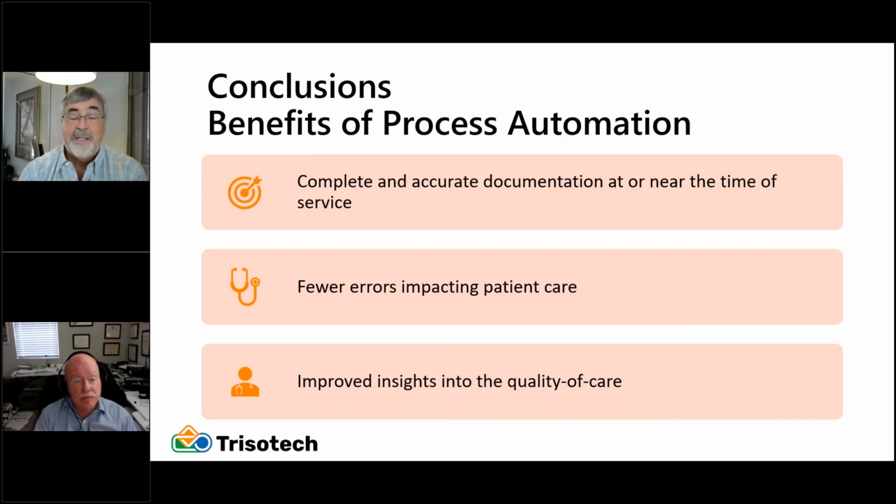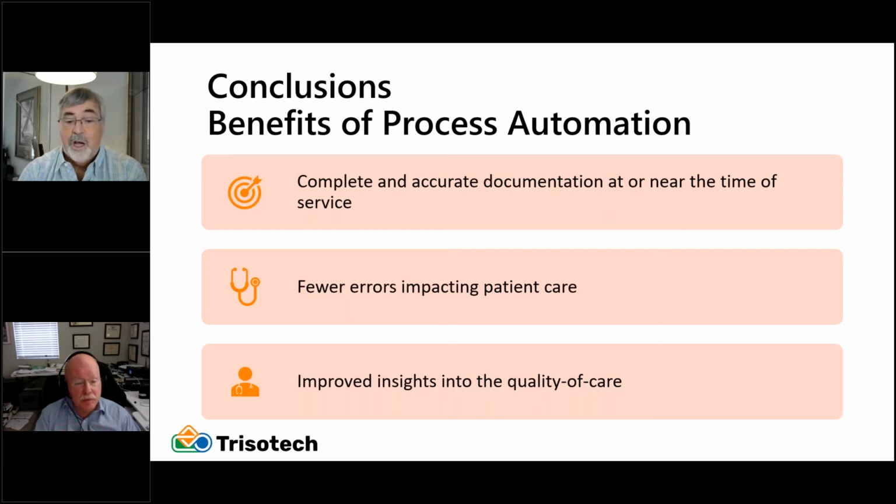Fewer errors impacting the patient care, which is very important. Oftentimes, as John mentioned, with all the rescheduling, things get lost, files stay on a desk somewhere. By automating all this process, you make sure that all the meetings and all the visits are scheduled and managed and orchestrated in a timely and efficient manner.